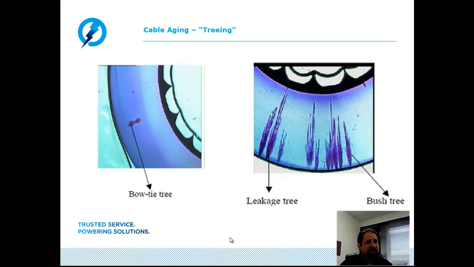However, these trees are capable of growing right through the entire insulation thickness, as we can see over here. So the vented tree is definitely the more problematic of the treeing events, and these are the ones that will basically lead to cable breakdown or cable failure in service-aged cable structures.